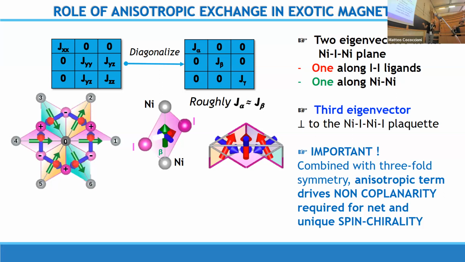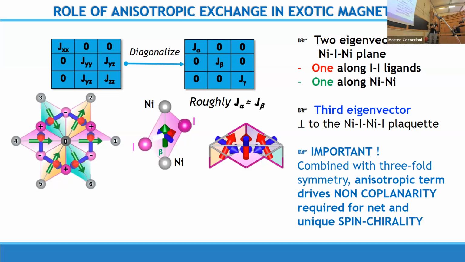A plaquette is a system composed by, let's say, nickel and iodine. So you have a sort of square here, and then you can plot your 3 eigenvectors. If you do that, you discover that basically they align along the nickel-iodine bond, and then the perpendicular one.